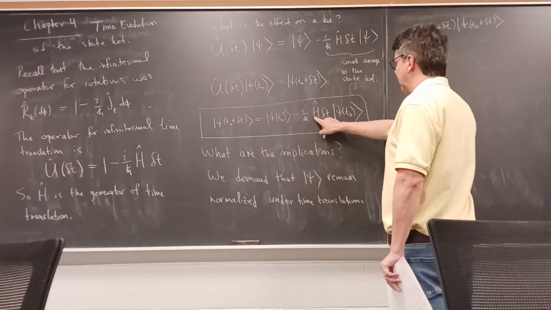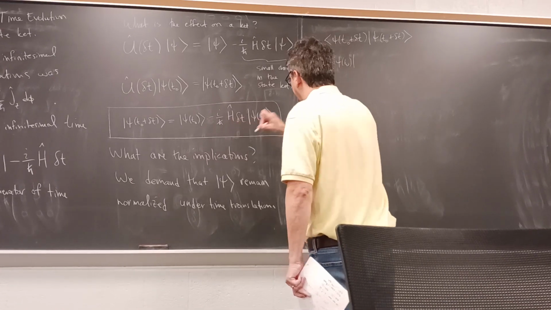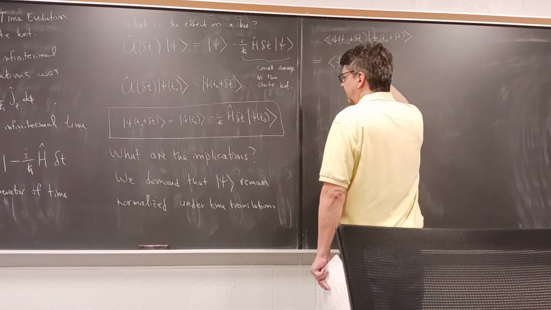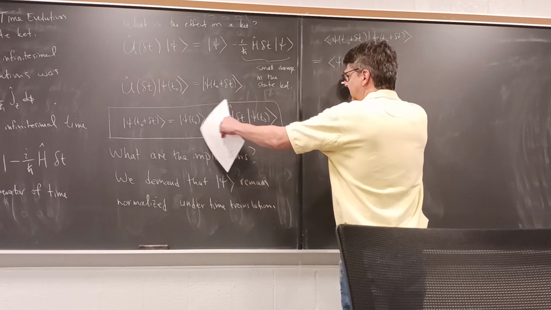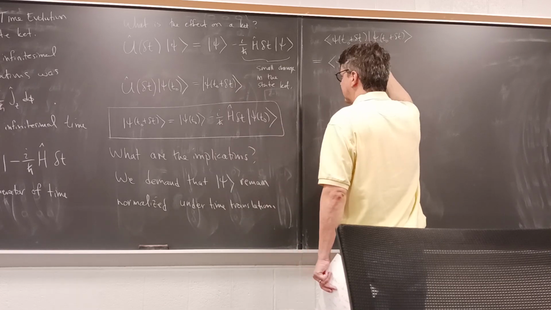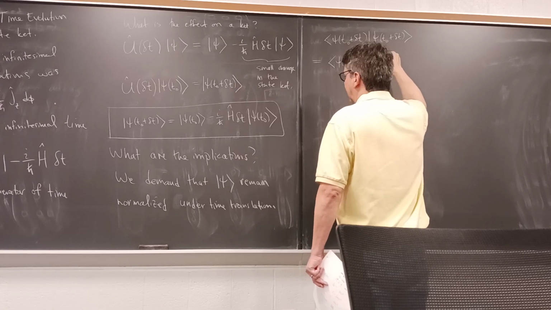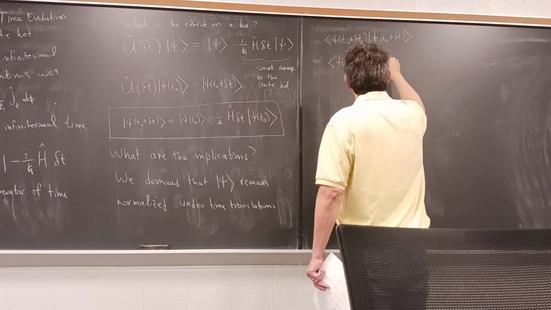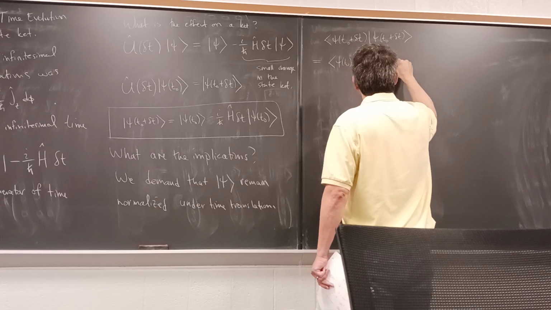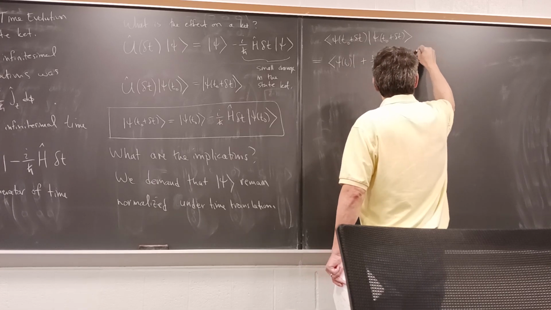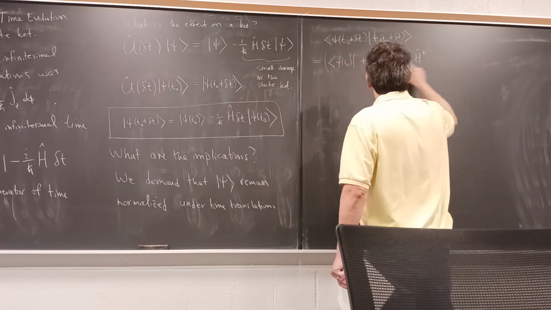And I also have to take a dagger here on my h hat. So I'll have this state ket, which just turns around. Then I'll have plus i over h bar, and then I'll have delta t is just a scalar quantity, so it comes out. And then I'll have h hat dagger.